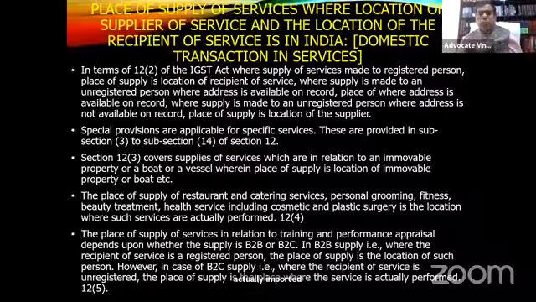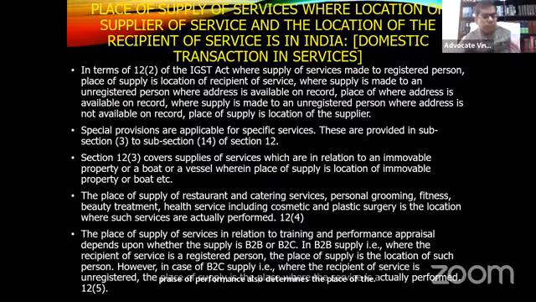So place of performance also, in a way, determines the place of consumption. Wherever the services are performed, it is obvious that that is the place where the service is getting consumed, and that is the place which gets the benefit of the revenue.